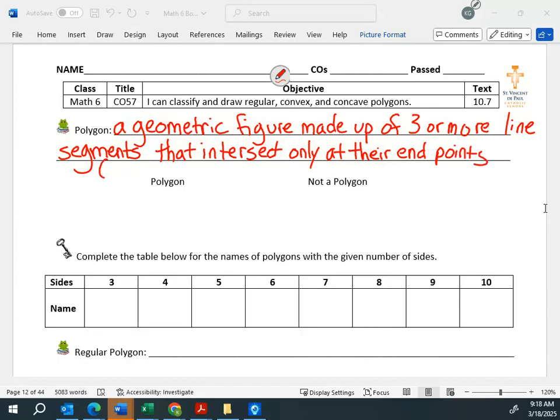So basically, it is an enclosed figure. There's no openings to it. An enclosed figure with straight edges. So no curves.